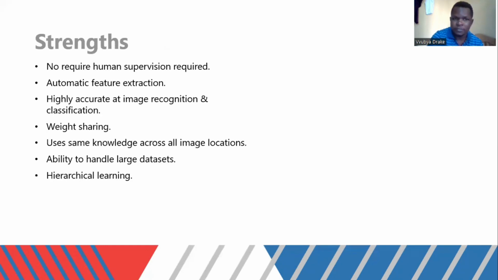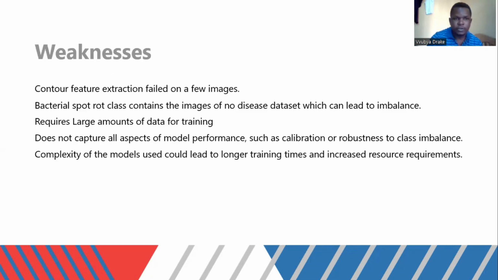Some of the strengths: it doesn't require human supervision, and it has automatic feature extraction. It is highly accurate at image recognition and classification, and others. The weaknesses: the feature extraction failed on a few images, which affected the classification and identification of these images. Then the bacterial spot rot class contains images of the no disease dataset, which leads to imbalance.